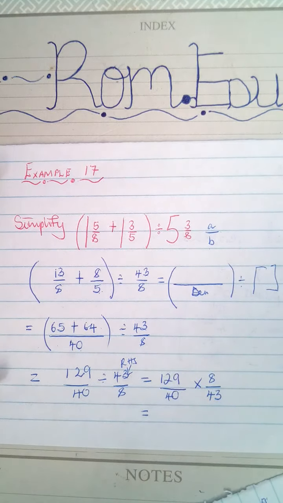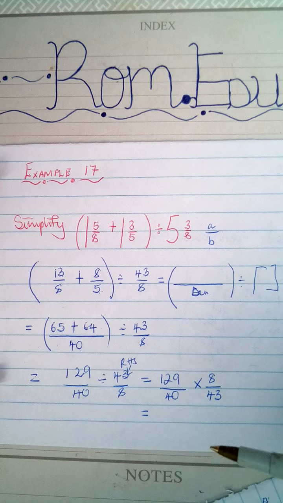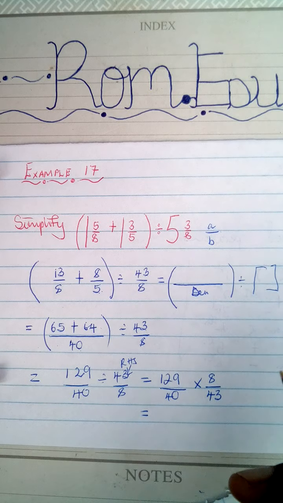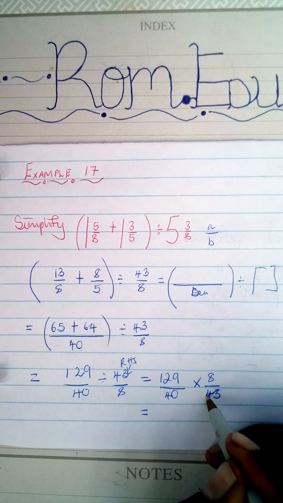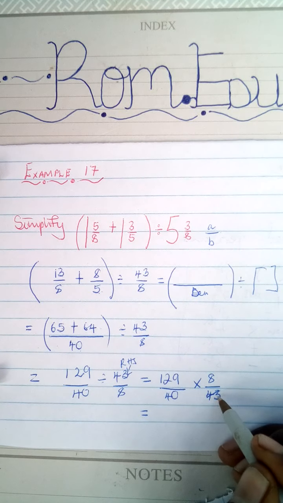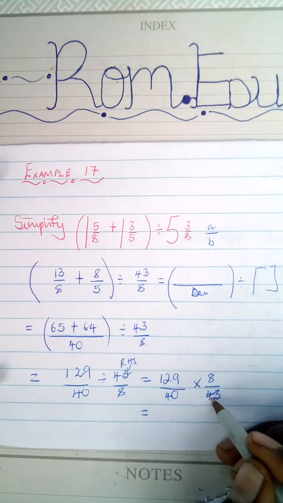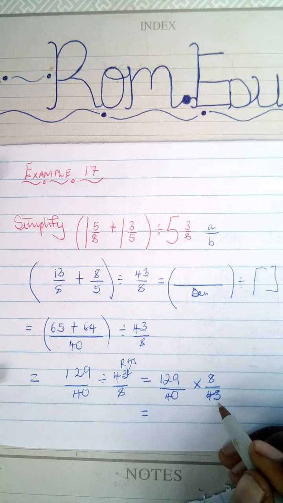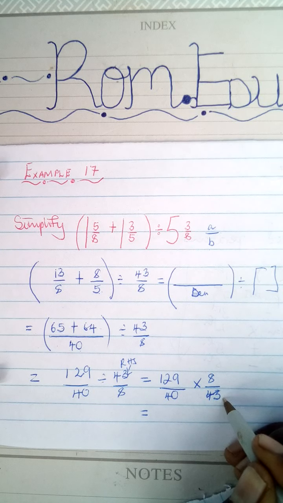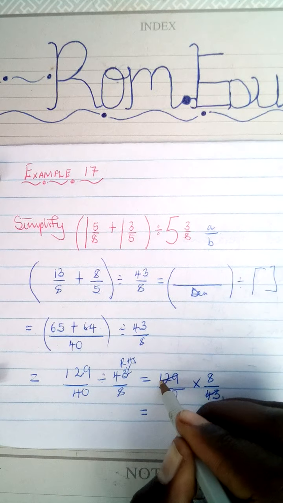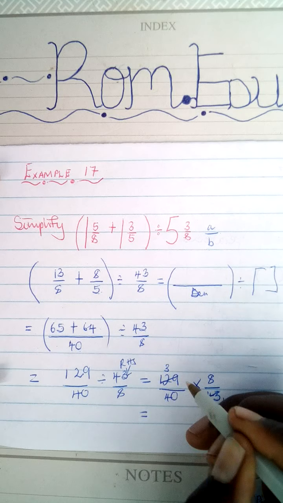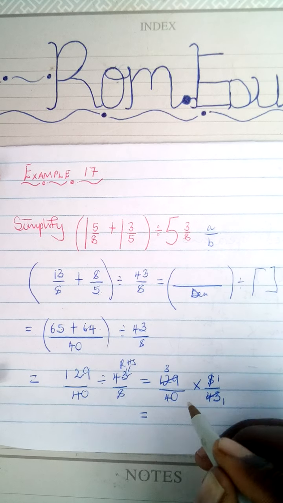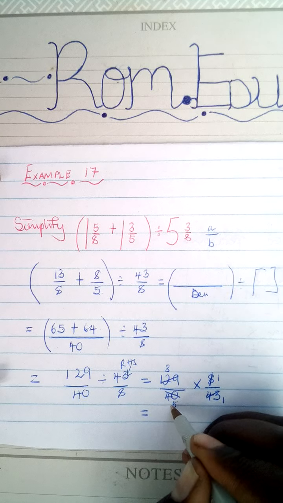Now as you can see, we can do cross cancellation. Remember, cross cancellation is done on a numerator against a denominator. So here I'm going to do this denominator against this numerator, since there's nothing here that can divide besides 1, right? So 43 into 43, that's 1. 43 into 129, that's 3 times. 8 into 8, that's 1. 8 into 40, that's 5 times.